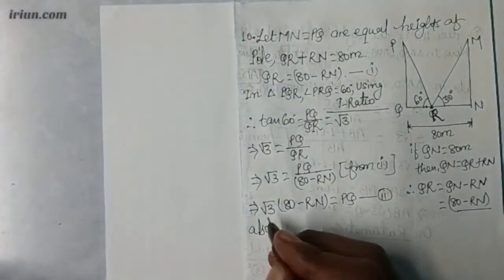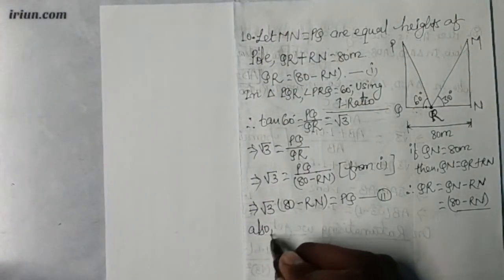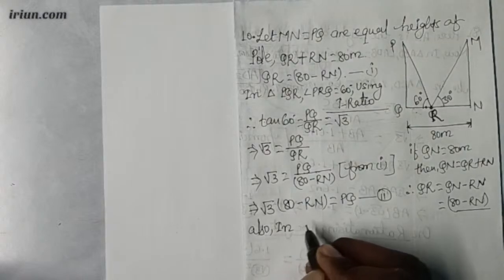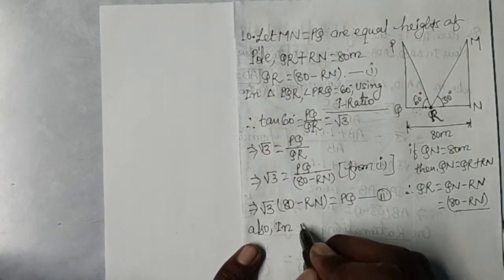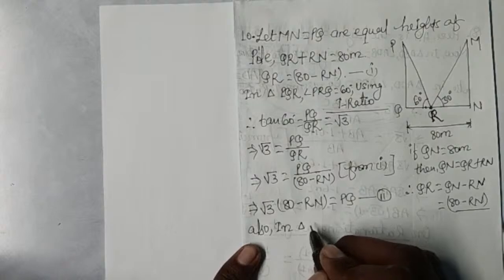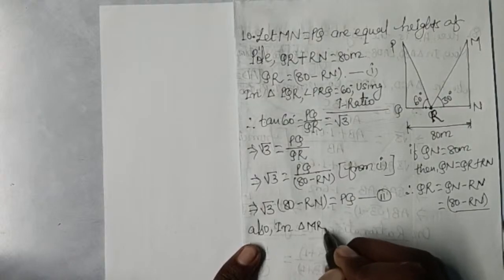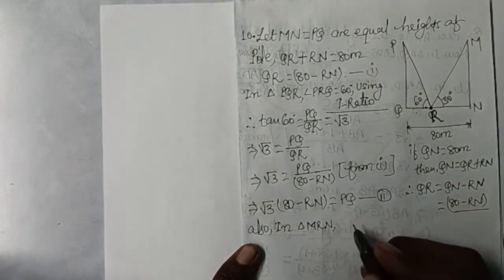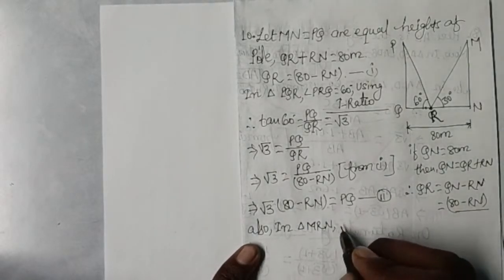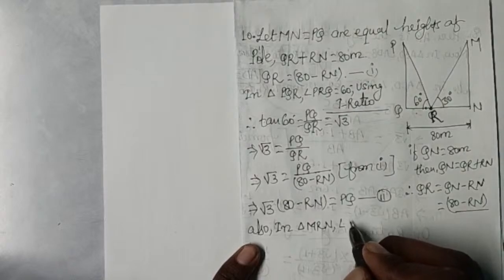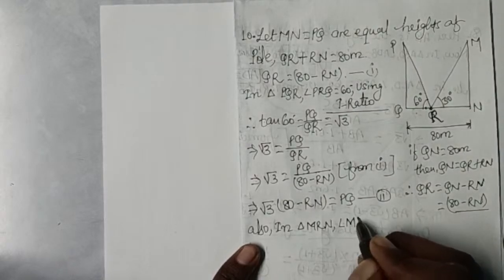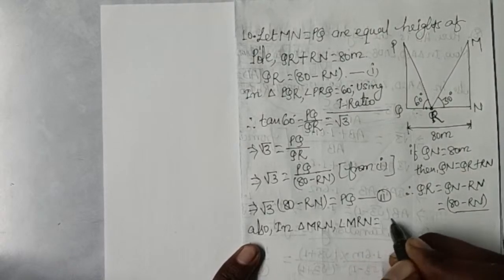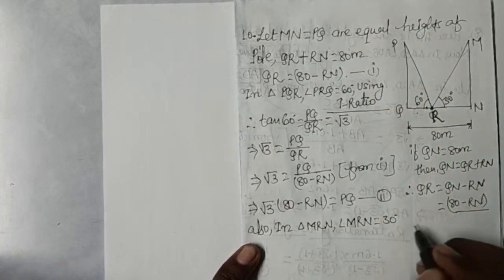Also in third, in triangle MRN, angle MRN equals 30 degree.